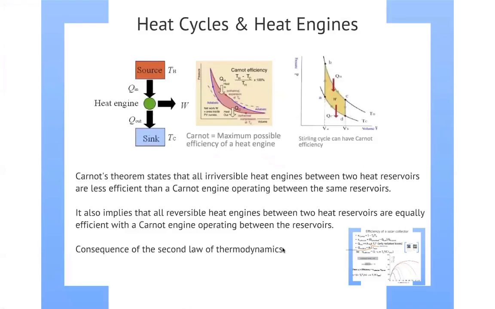So let me give you a good example of why this is important. If someone tries to tell you, okay, I have made a solar cell which is 100% efficient, you know that's not possible because of the second law of thermodynamics. Carnot's theorem says that. So let's think about solar cells for a second. In the case of the solar cell, the source is of course the sun, so that's the temperature of the sun.